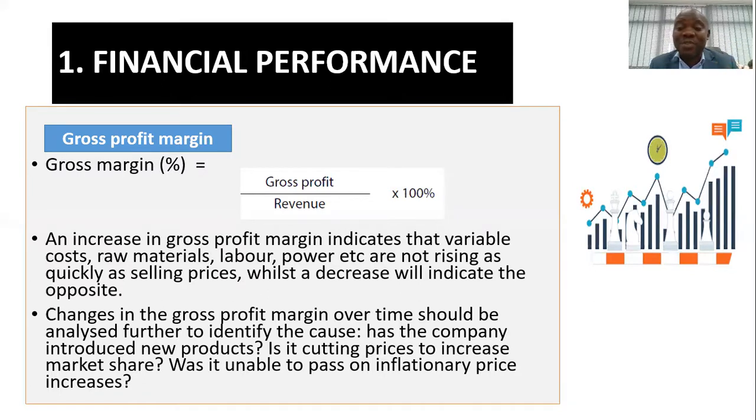If, for example, your gross profit margin is going down, it's either your revenue is not growing at the rate at which the cost of sales are growing. So the question will be, why? Have you started giving out some discounts? Yes, the volume of sales is growing. The revenue is growing, but it's growing at a slower rate. Maybe because there are certain incentives that you're actually giving to your customers, maybe carelessly.